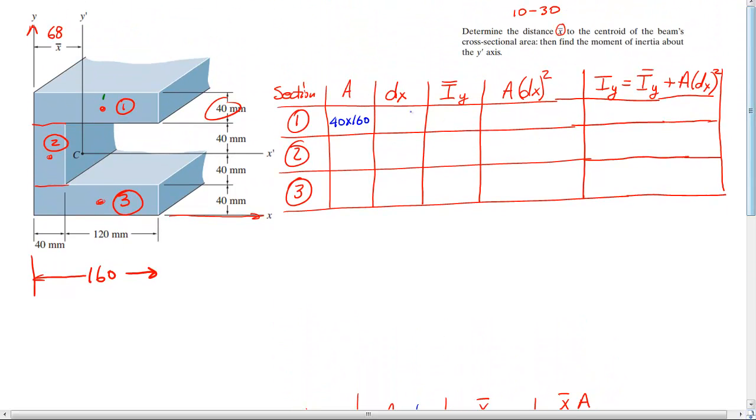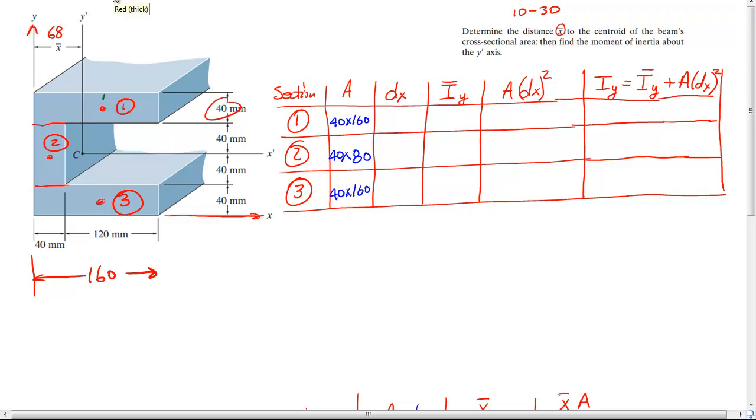There is no X bar across here. Section 2, 40 by 80, 40 by 160. And again, you know, section 1 is that long and that wide. Section 2 and section 3 looks like that.